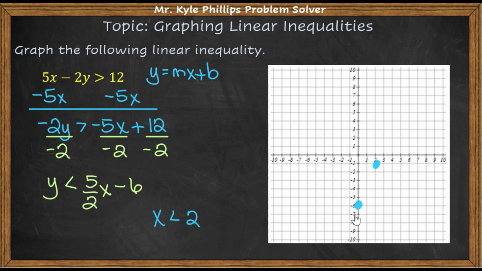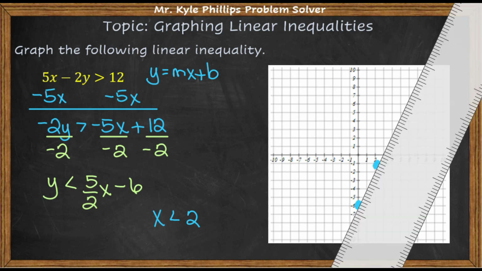So when we plot this line, we're going to use a dotted line. Remember with inequalities like this, we said that was going to be an open circle. So you can think of an inequality graph as an open graph. It's going to be a dotted graph. So let me get my ruler and we'll draw this. So here on my ruler, I'm just going to do a dotted line.